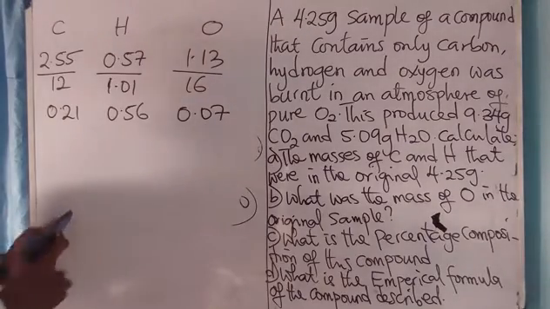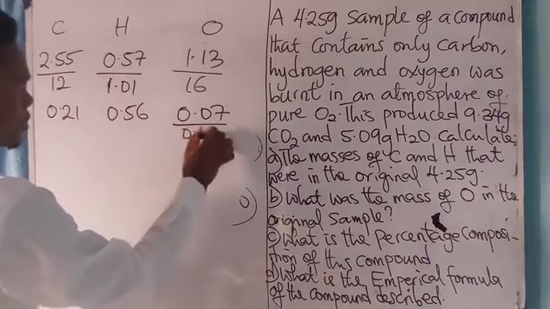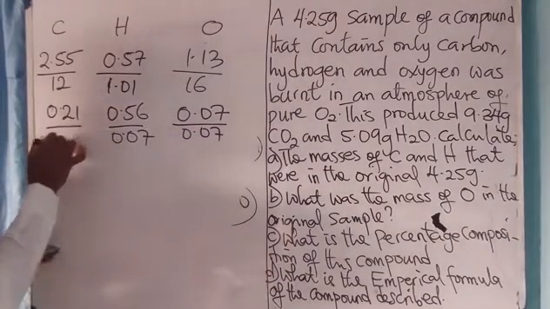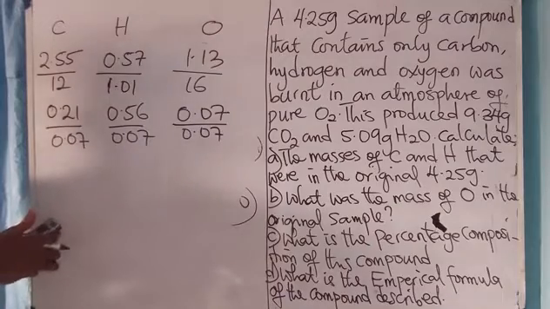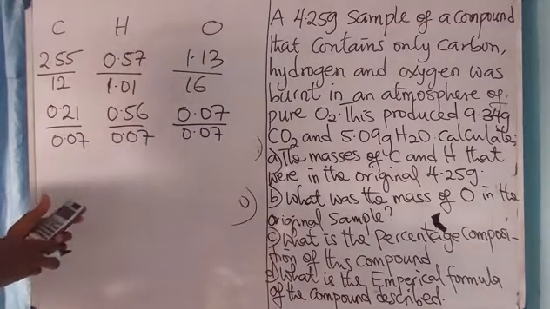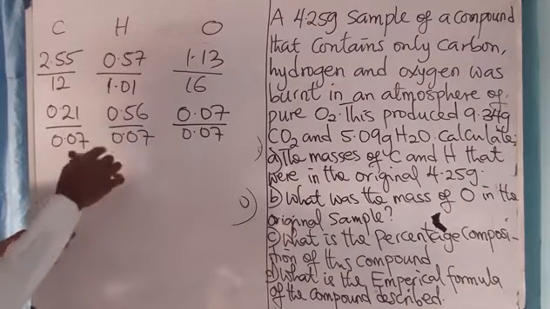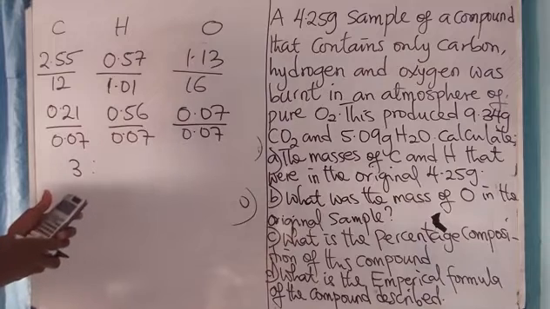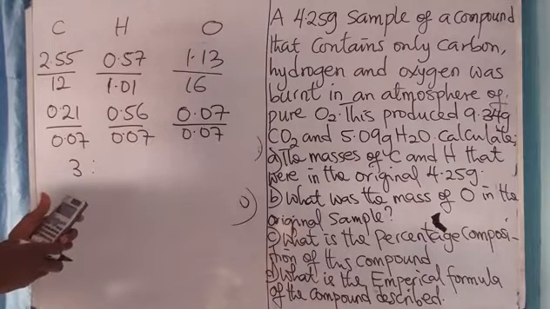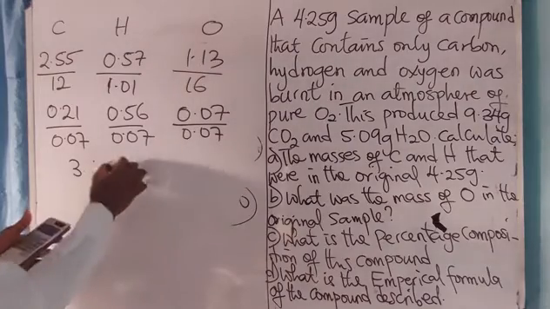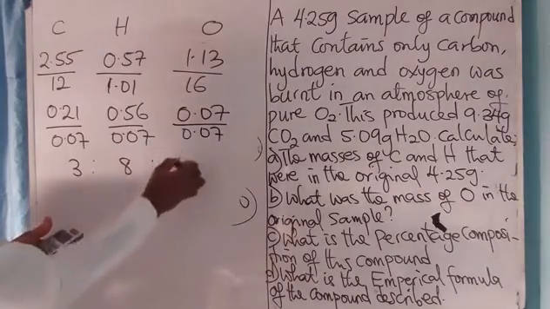So you divide by 0.07. You say 0.21 divided by 0.07 equals 3 to ratio 1. 0.56 divided by 0.07 will give me 8 to ratio 1.